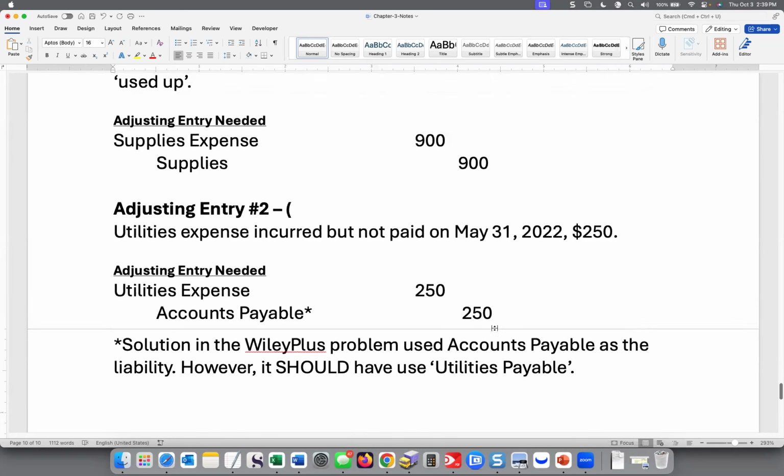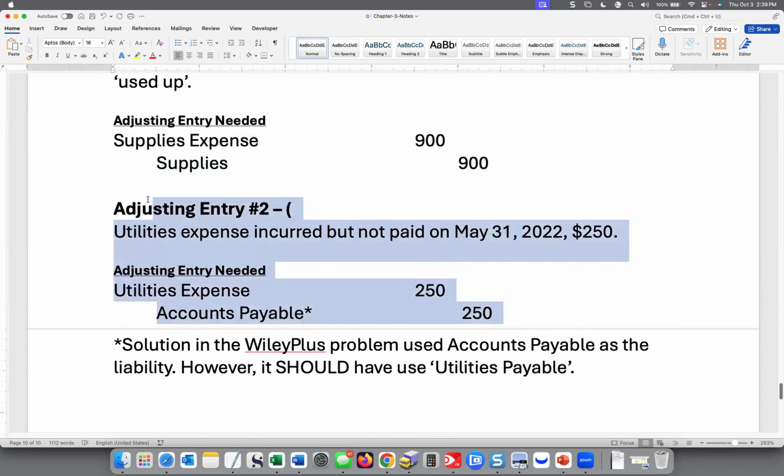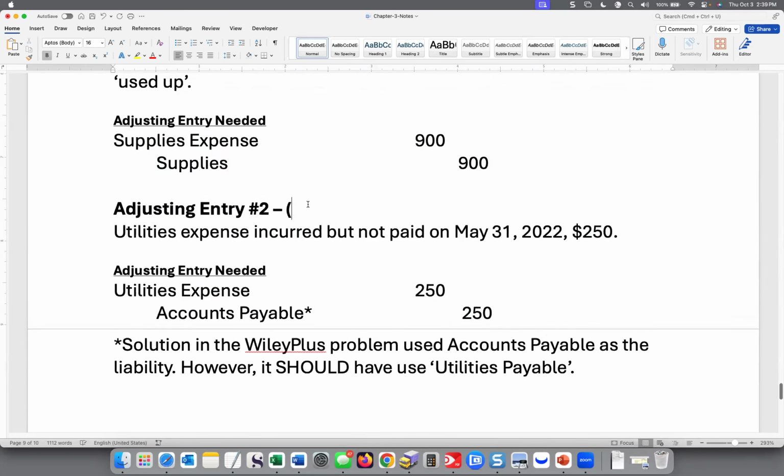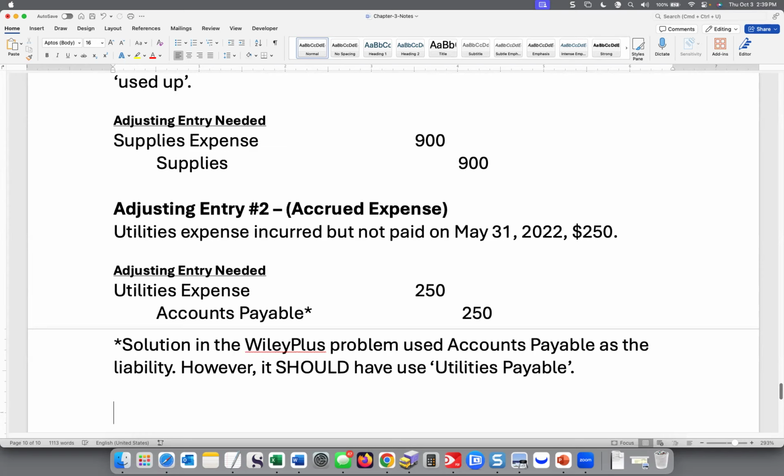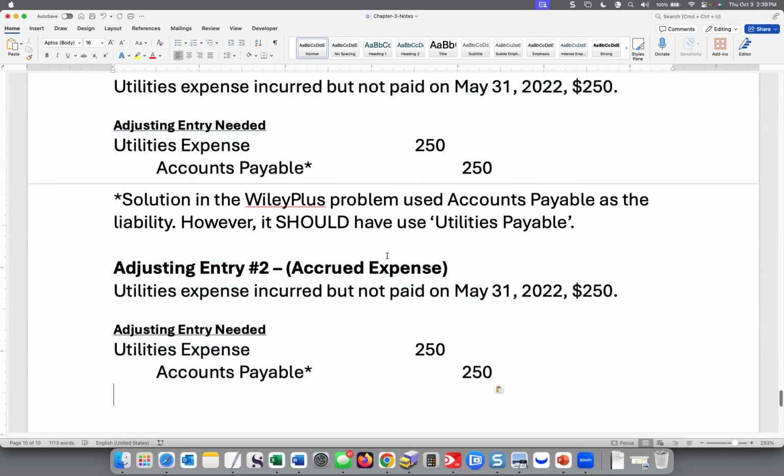I'm going to go ahead, and like I did before, I'll copy this template. But before I do that, we know that's an accrued expense. We already figured that out. I'm going to write that in. And let me pull that in for the next one. So this will be adjusting entry 3. And of course, again, we'll clear out the adjustment and pull in the data.